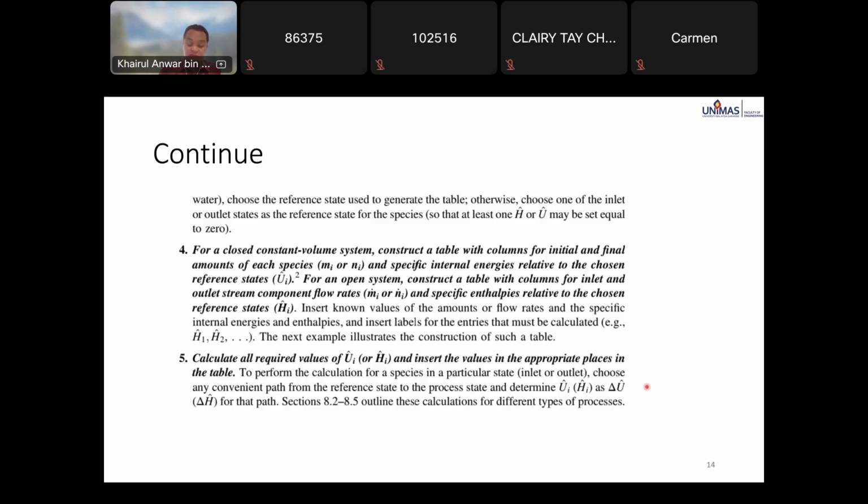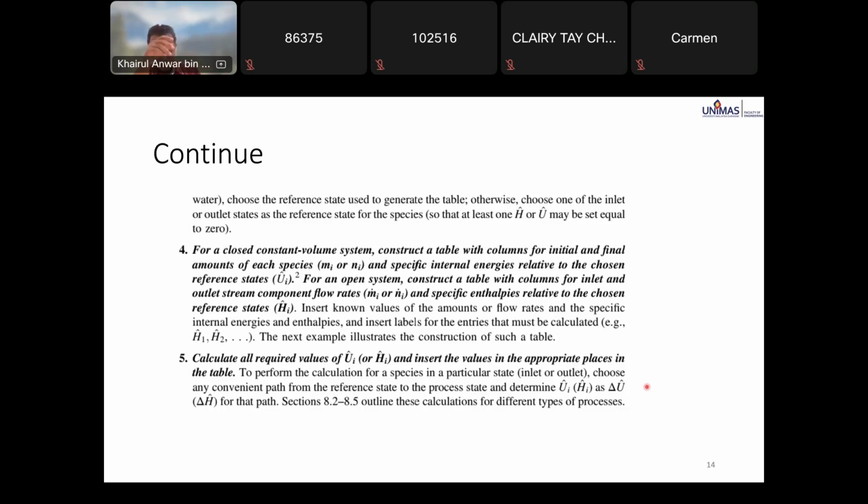That applies if the question gives you an open system process. For a closed constant volume system, construct a table with columns for initial and final amounts of species and specific internal energy relative to the chosen reference state. For an open system, construct a table with columns for inlet and outlet streams.